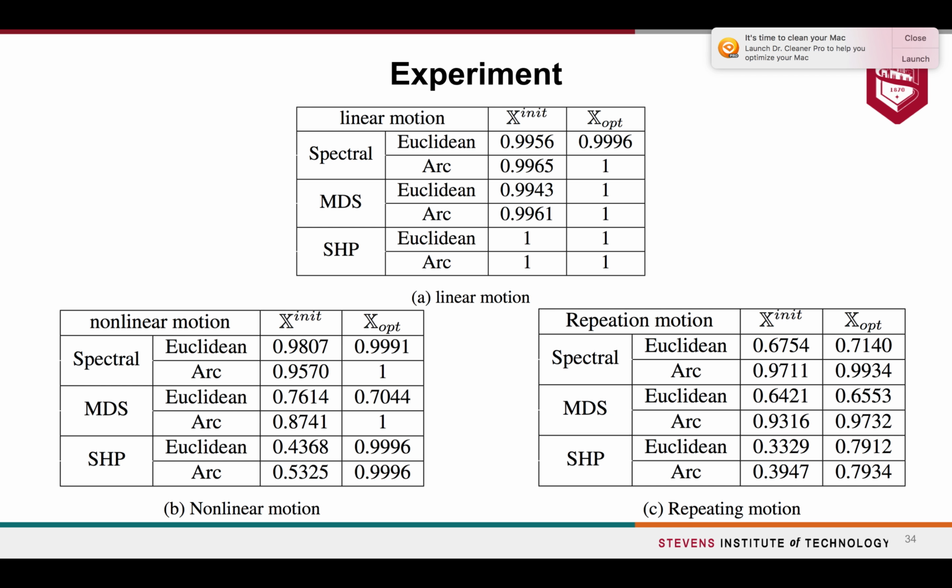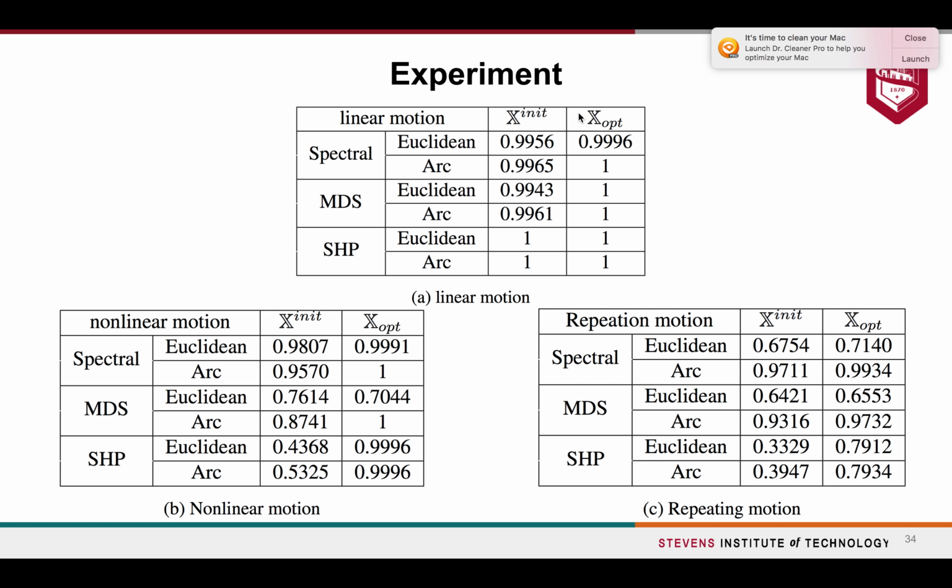And we do some experiments on motion capture data. We also use a baseline method, which tries to calculate the Hamiltonian path, which is the shortest path that passes through all the vertices only once. If we have this path, we should have an ordering. You can see in linear motion, they all can recover a good ordering.